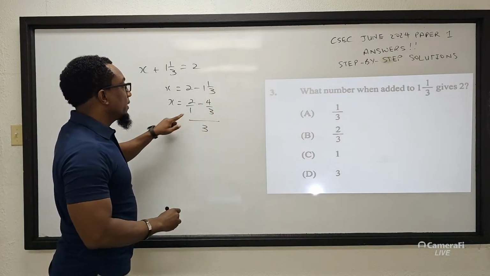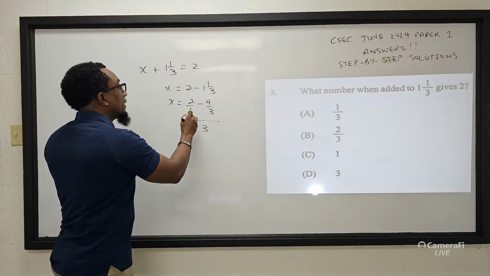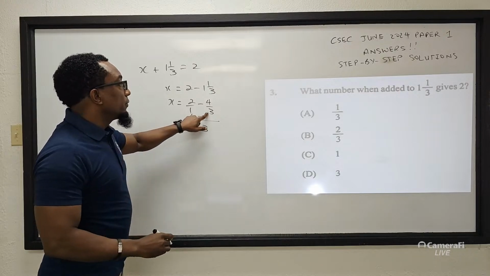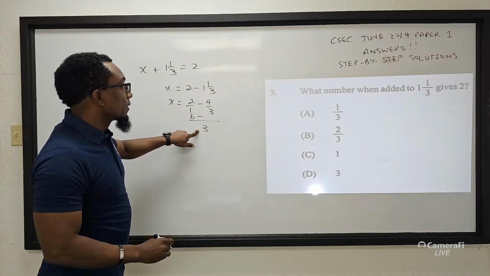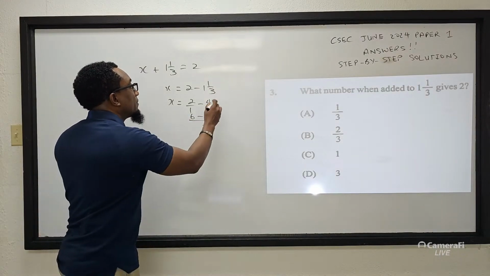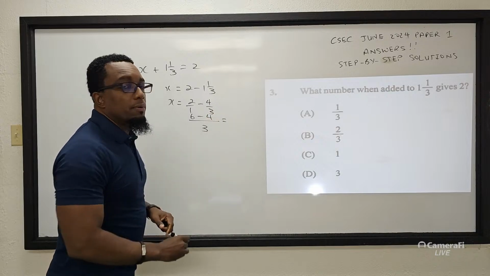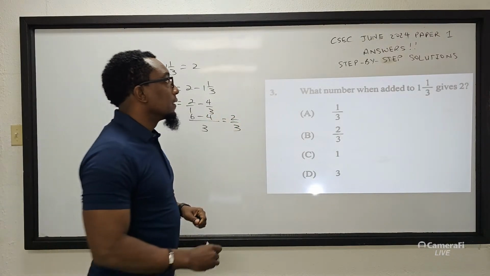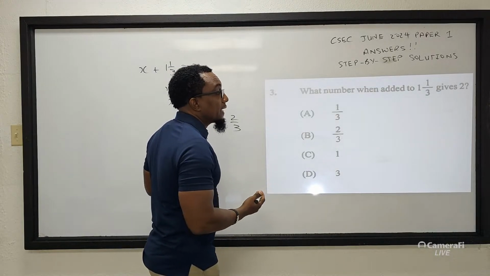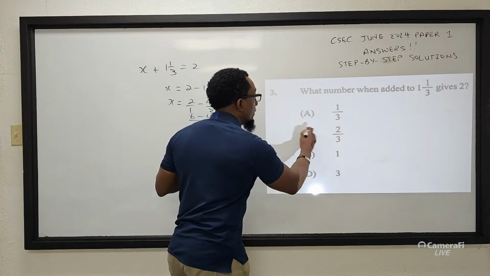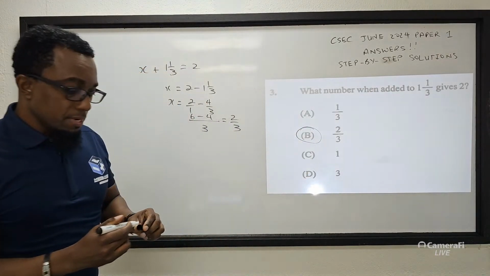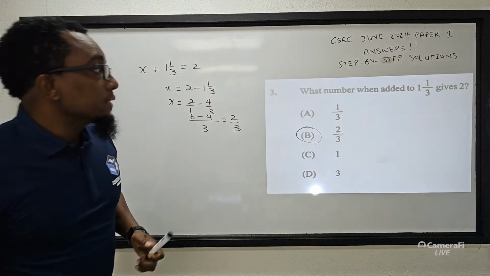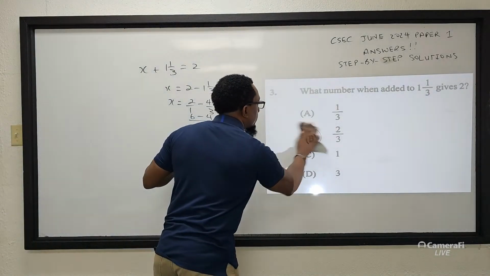The LCM is 3. 3 by 2 is 6, subtract 4, and 4 from 6 will give us 2/3. So this number, when added to 1 1/3 to give 2, will be 2/3.